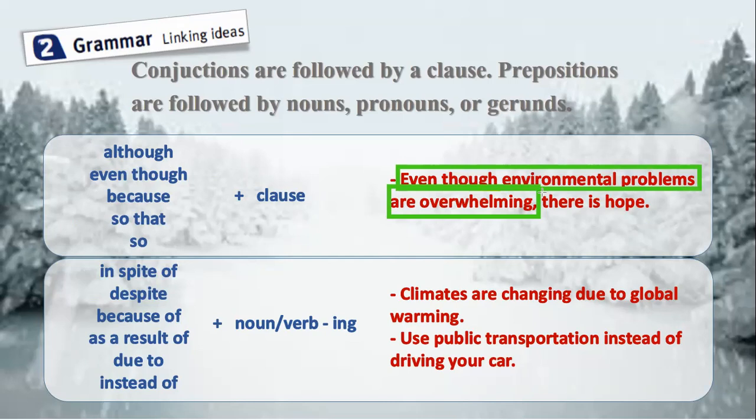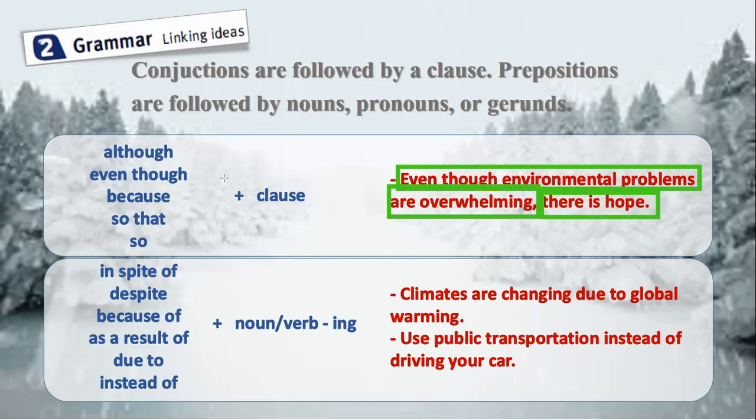And right here we have the other clause: there is hope. As you see, we have the subject, the verb, and a complement. Or we can say there is hope even though environmental problems are overwhelming. We can switch it. We can use the expression at the beginning of the statement or in the middle to introduce the following clause.